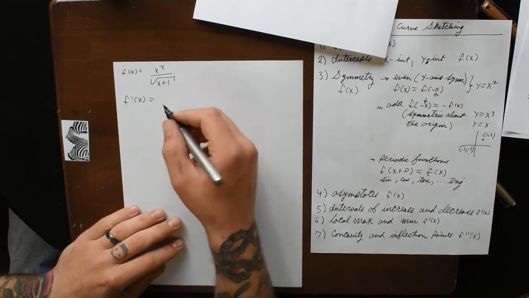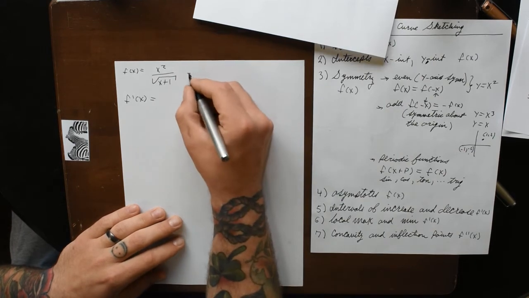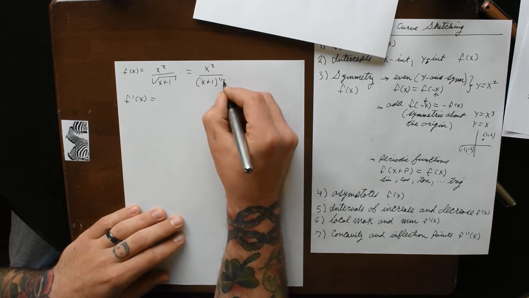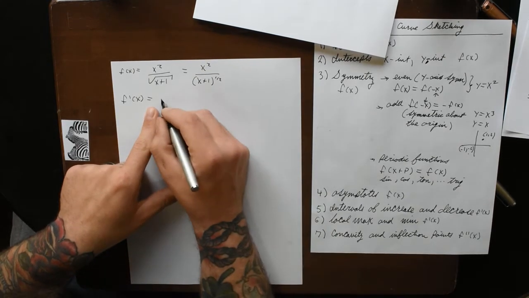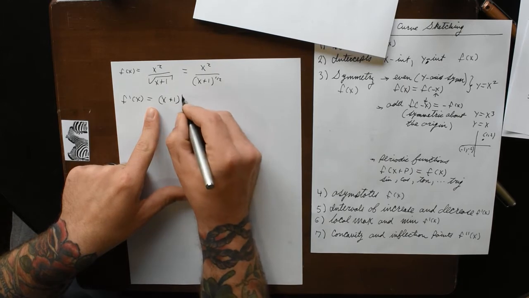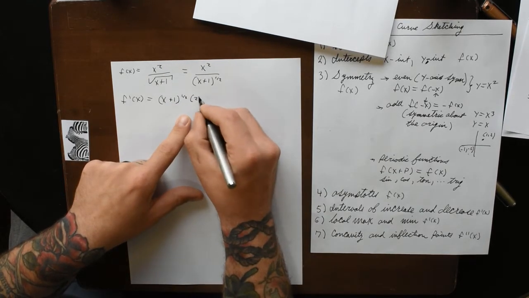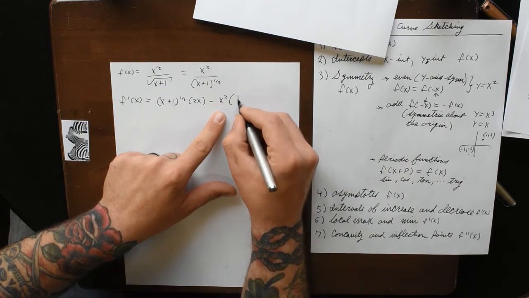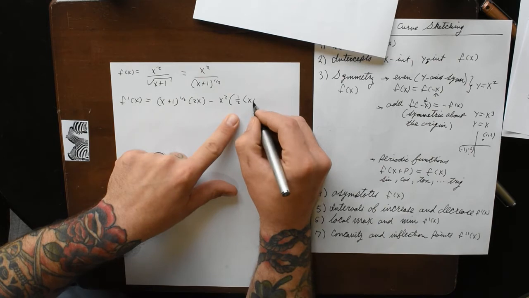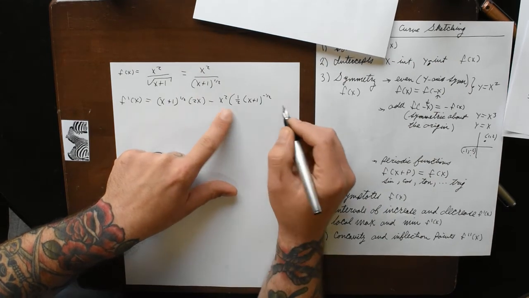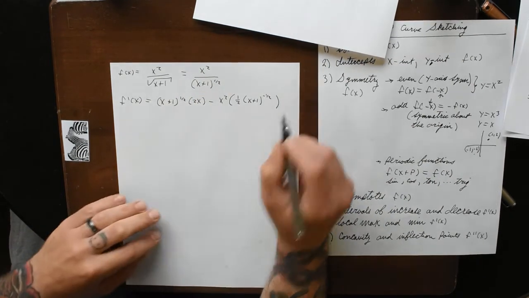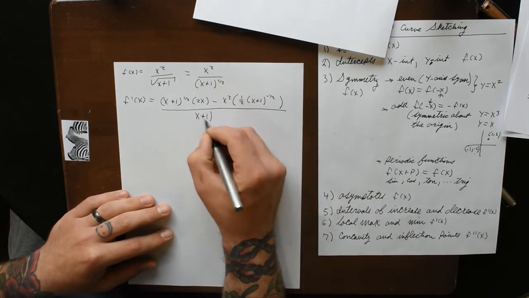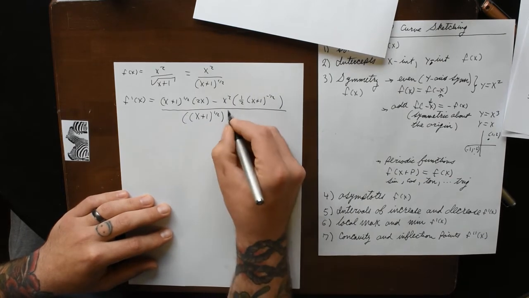by the quotient rule, we're going to get low. I'm going to go through x squared over x plus 1 to the 1/2. So it's going to be low, x plus 1 to the 1/2, times the derivative of the top minus the top times the derivative of the bottom, 1/2 of x plus 1 to the negative 1/2 times the derivative of the inside, which is still 1, all divided by the denominator squared, x plus 1 to the 1/2 squared.